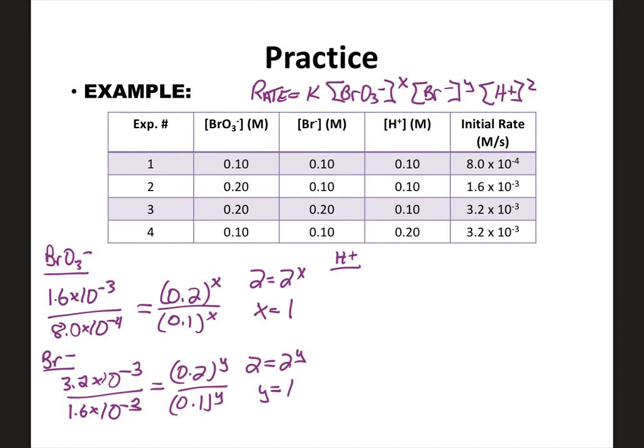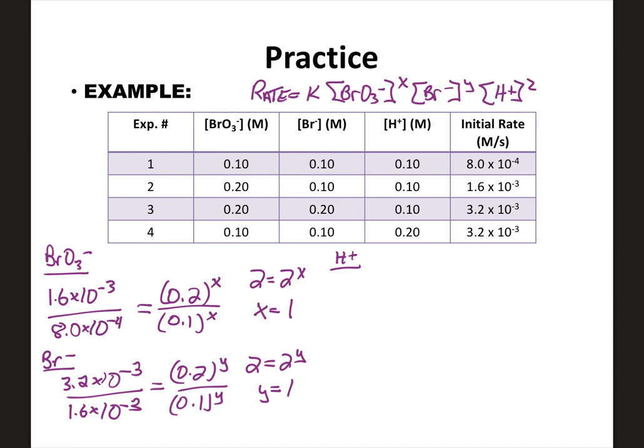If you notice in 1 and 4, the BrO3 minus is the same. Same thing for the Br minus, but the concentration of the H plus doubles here. So you're just going to plug in. Essentially, it's going to be greater in experiment 4 for the concentration of H plus. So you're going to do 4 over 1.